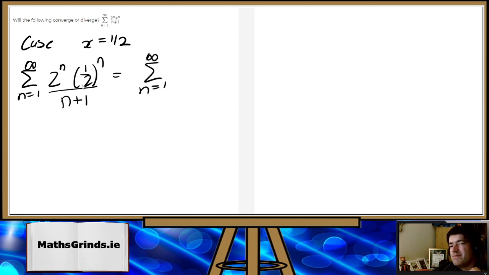The sum from 1 to infinity. Oh yeah, actually they cancel, don't they? That's nice. So this is looking pretty divergent to me, because I could change this into the sum from n equals 2 to infinity of 1 over n, because the first term here is actually a 2.